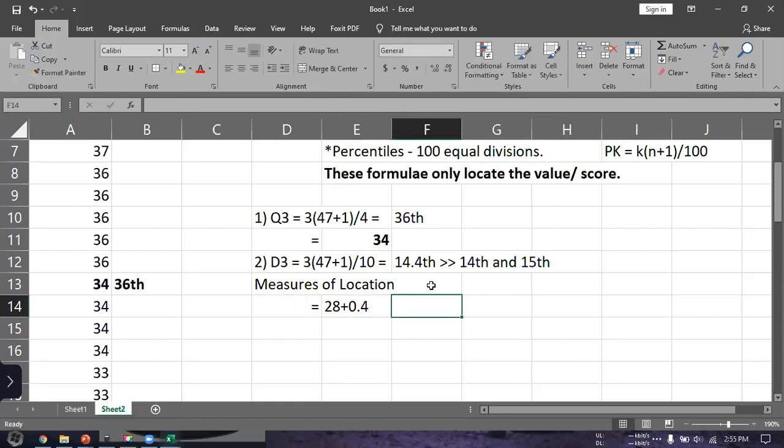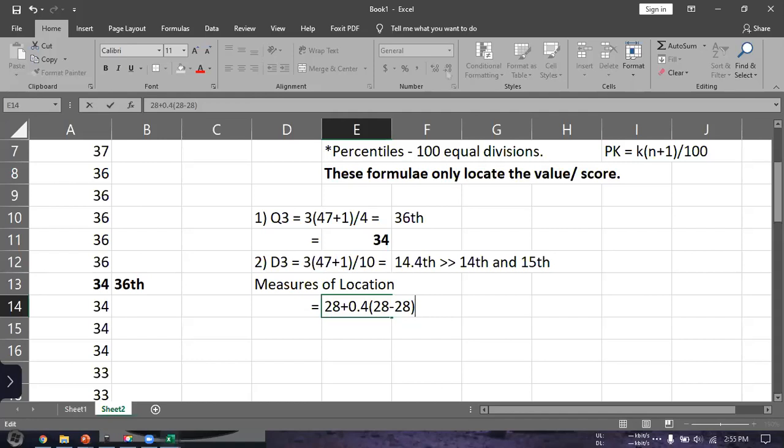Where did this 0.4 come from? This is from our location a while ago, 14.4. So we'll be using this: 28 plus 0.4 of the difference between the two given items, the 15th and the 14th, which happen to be equivalent. So nothing happens, since the difference is 0.